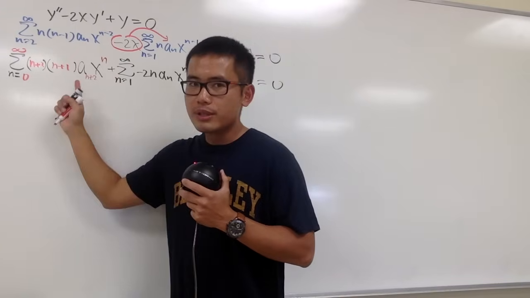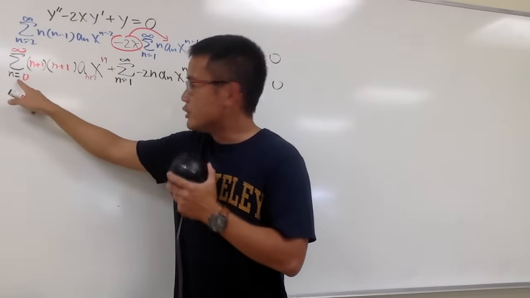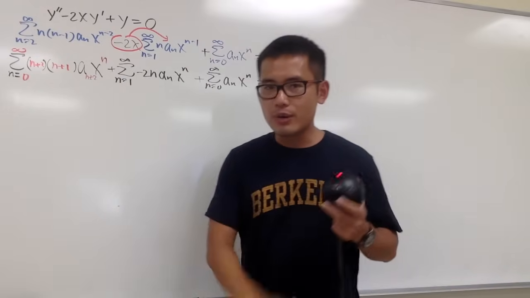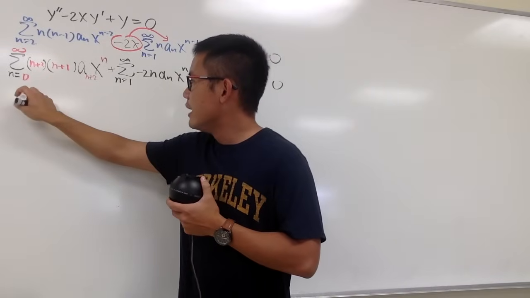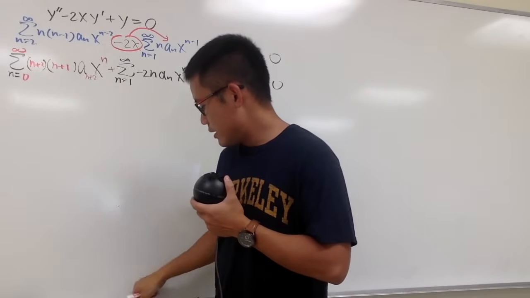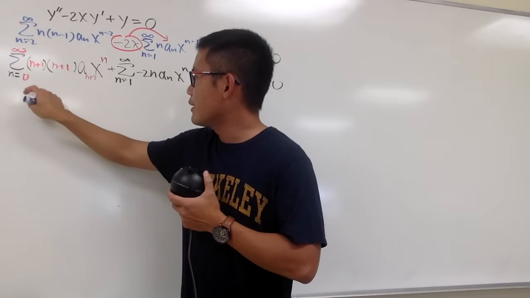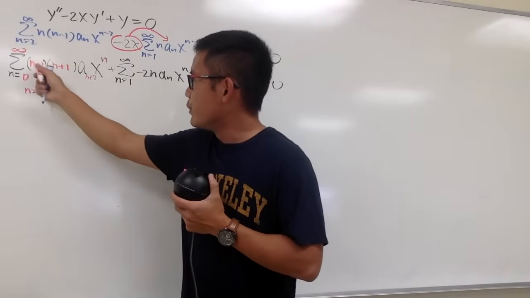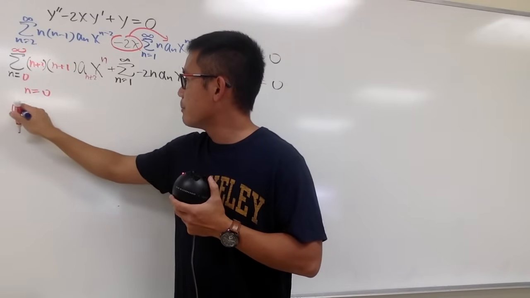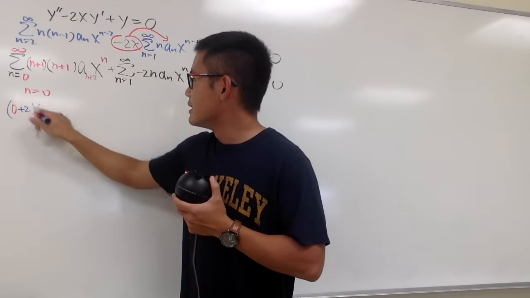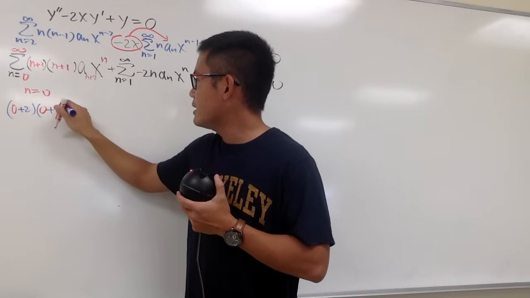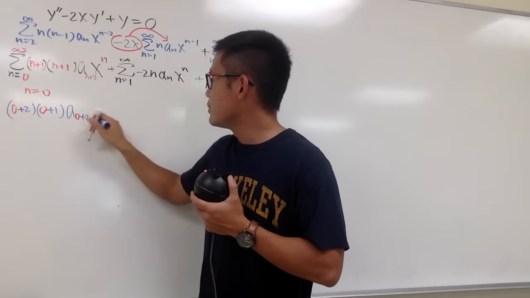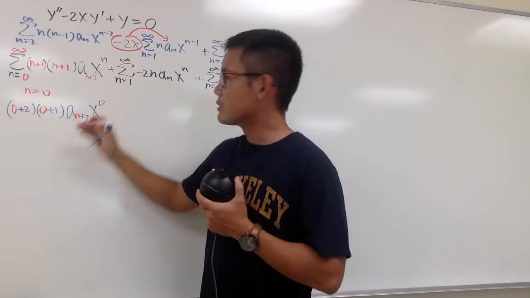Remember the series notation. We are going to plug in n equal to 0 for the first term, and then plug in n equal to 1, n equal to 2, and so on. So let me do this in blue and red. For n equal to 0, we get 0 plus 2 times 0 plus 1, times a sub 0 plus 2, and this is x to the 0 power.